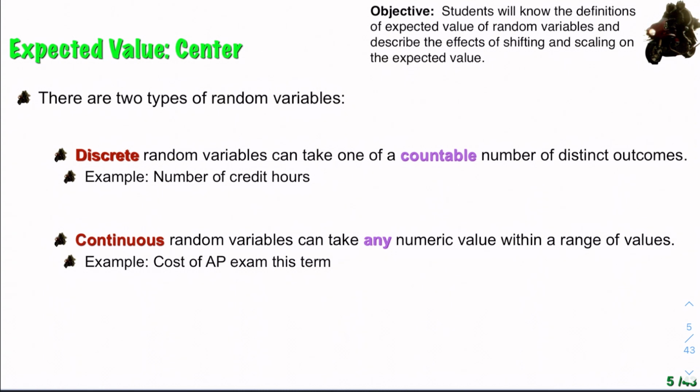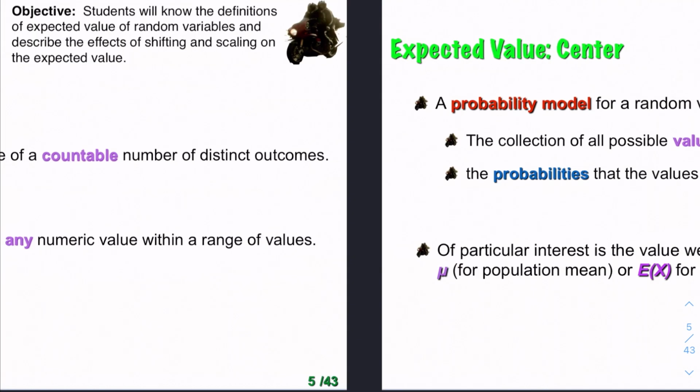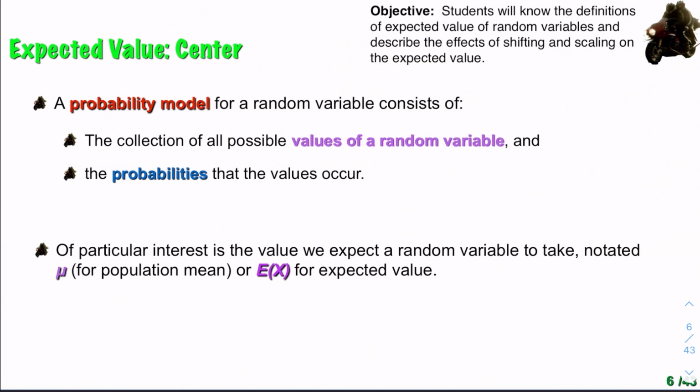So for example, the cost of the AP exam this term could take on any of those values. Versus your test, there's really just whole points or maybe half points, but otherwise that's it. You can't get a pi as an answer or as a number of points on your last test.